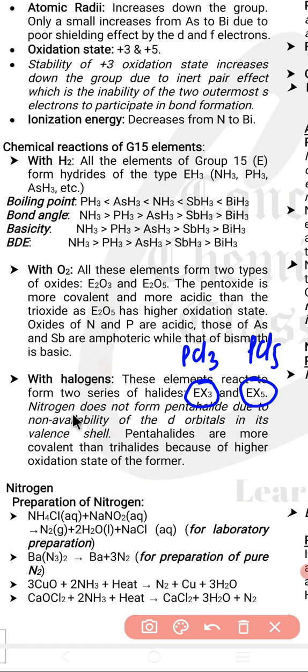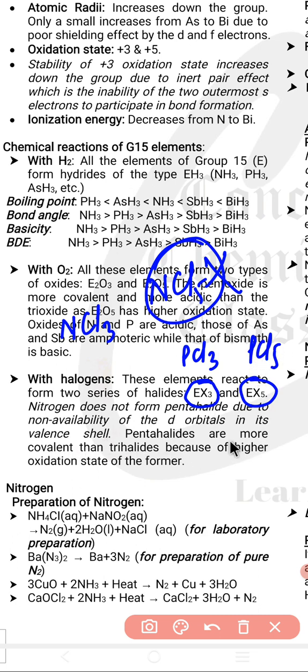Nitrogen does not show this EX5, means nitrogen has NCl3, but NCl5 does not exist. This is due to absence of d orbitals in nitrogen. So nitrogen does not form pentahalide due to non-availability of d orbitals in its valence shell.